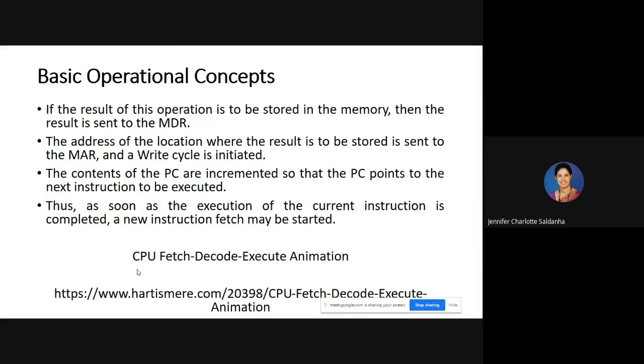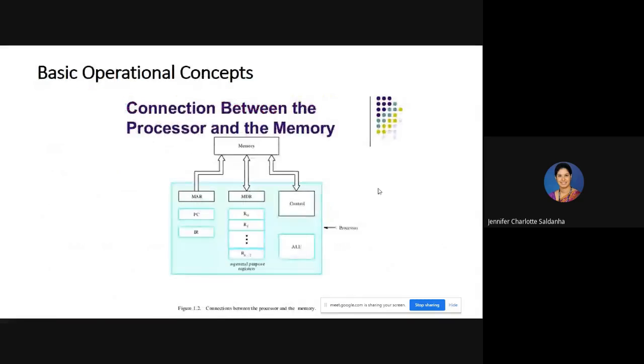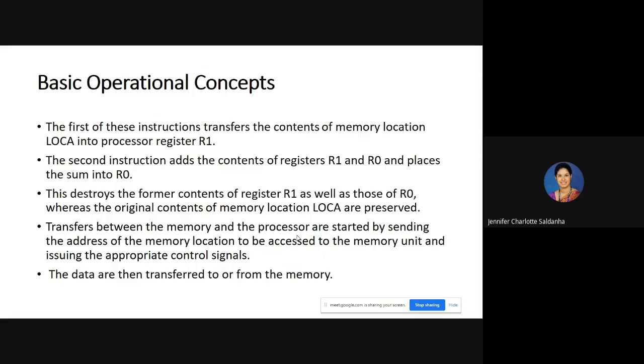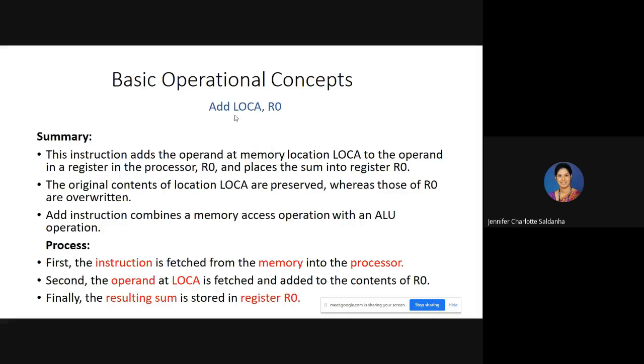Okay. Now, we discussed till performing the required operation, till the execution. Now, after the execution, assume that ADD LOCA, R0 was the instruction which was fetched from the memory, and then while decoding, the instruction register comes to know that there is one operand in the memory location LOCA.